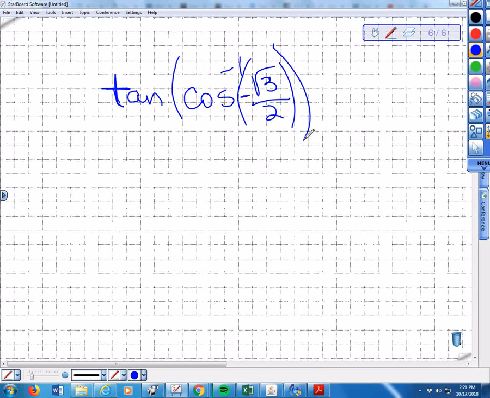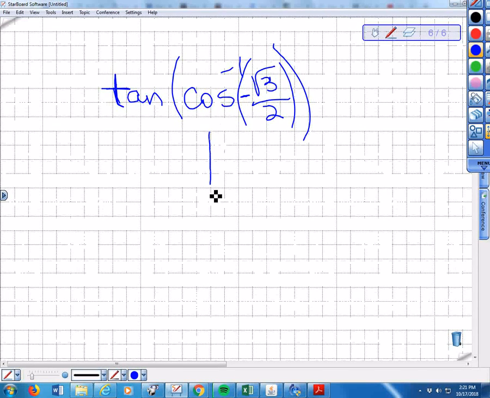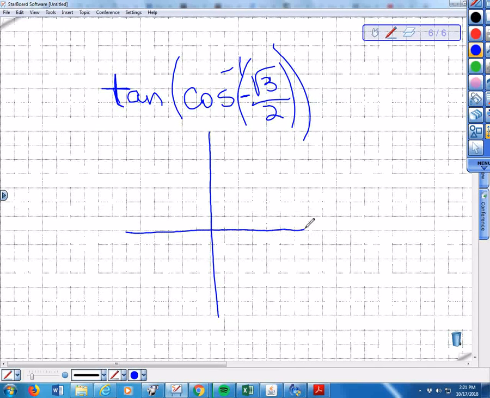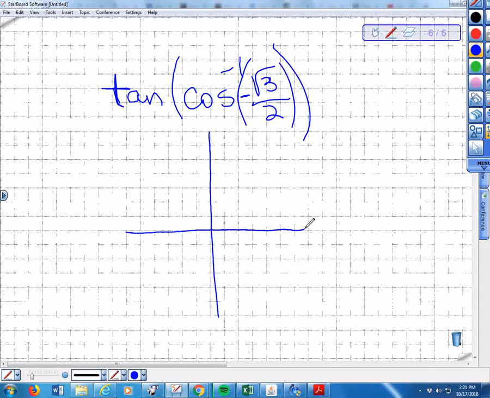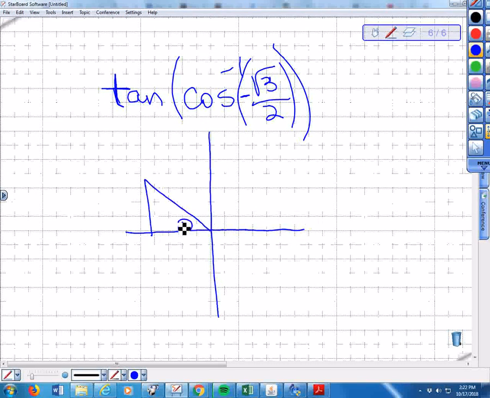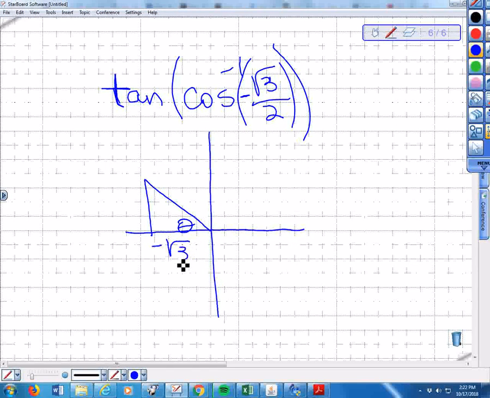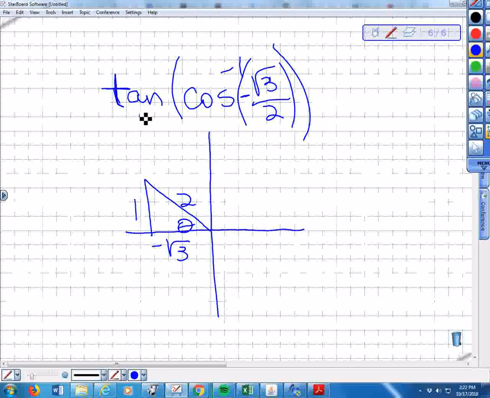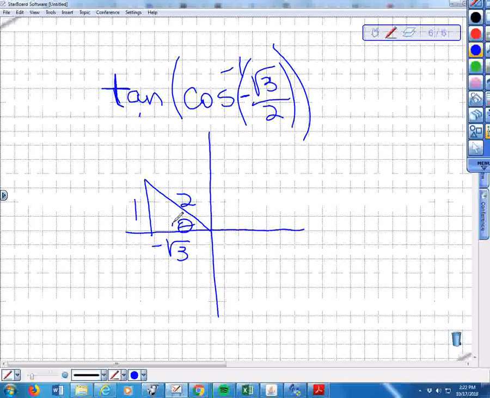So what quadrant is this in? Now, it's possible, inverse cosine or arc cosine is possible in quadrants 1 and 2, from 0 to pi. Okay, and if it's negative, it must be in quadrant 2. Okay, and I'm just going to follow what they say, negative square root of 3 over 2, which means this must be 1. And now that's my angle theta. So tangent of theta is 1 over negative square root of 3, or negative square root of 3 over 3.